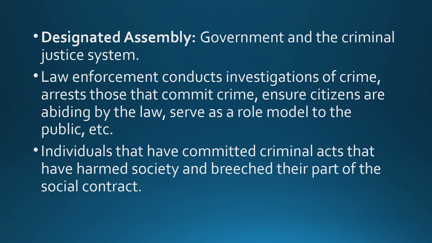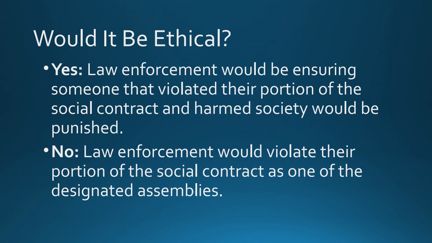They outright know they're guilty. Social contract theory, just like utilitarianism, would view it mixed. First, it would be deemed ethical because law enforcement is ensuring that that criminal offender that violated their portion of the social contract by committing a crime that harms society is being punished.